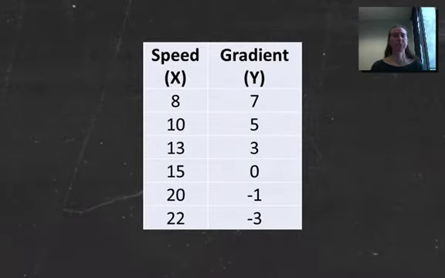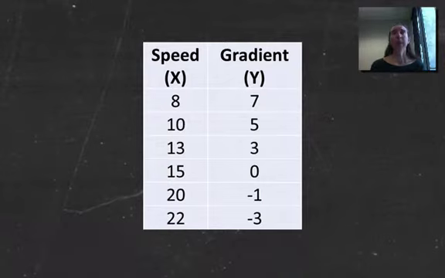Here are a few sample scores. This is made up data, but we can think of our x variable as my speed at any given time, and my y variable as the gradient of the road, which could be flat, which would be 0, an incline would be positive, and a decline would be negative. I'm just calling one x and one y. These could be interchangeable, which one I call x and y.